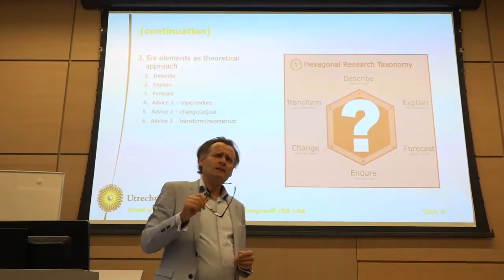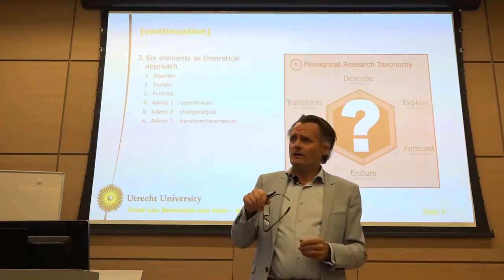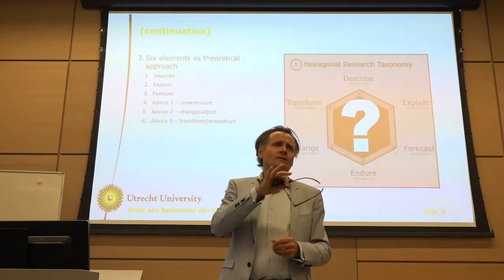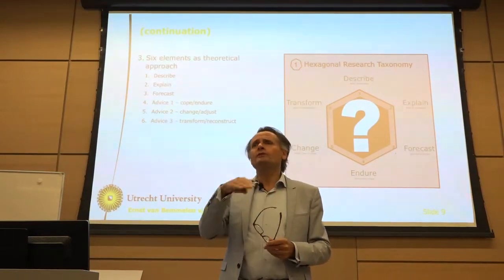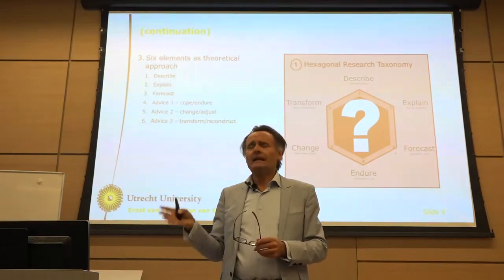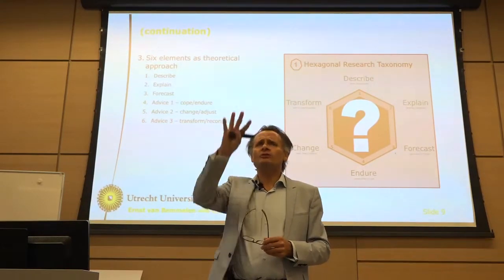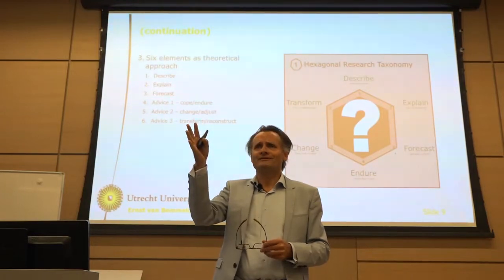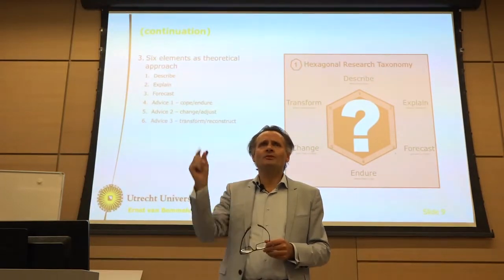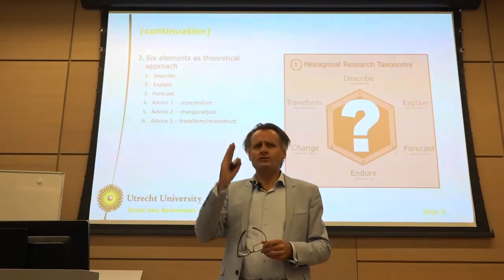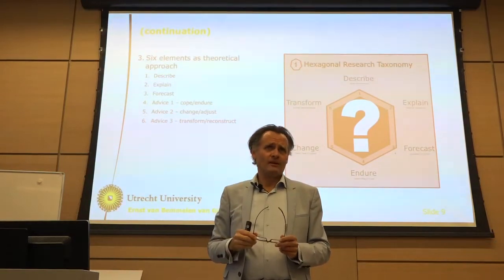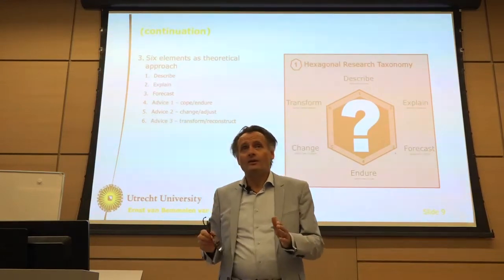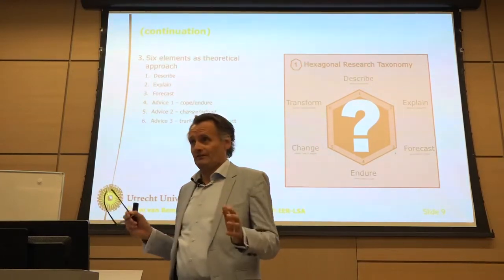What I did, and I do right now, is make a more neutral description of a research project. And that has 4 steps, and the last step has 3 flavors. That is why I count up to 6. But each research project consists, one way or the other, of a description.